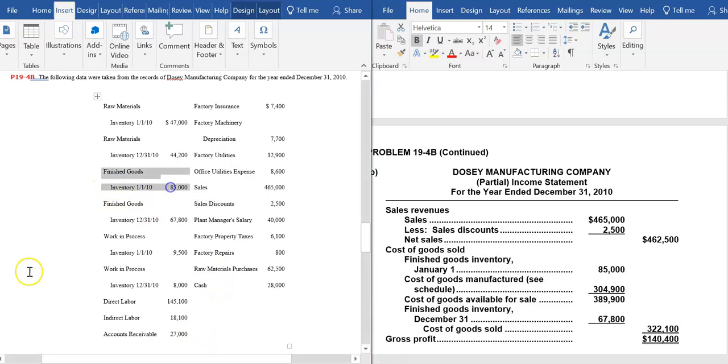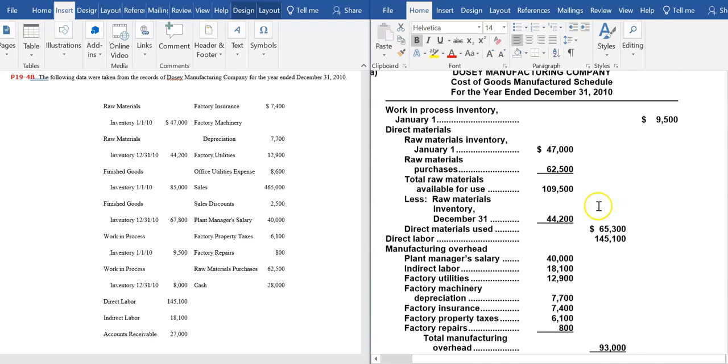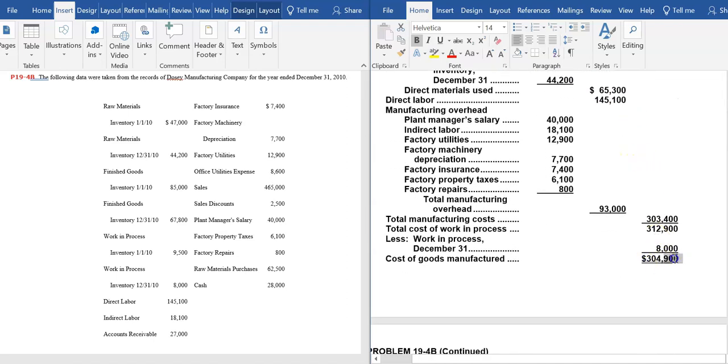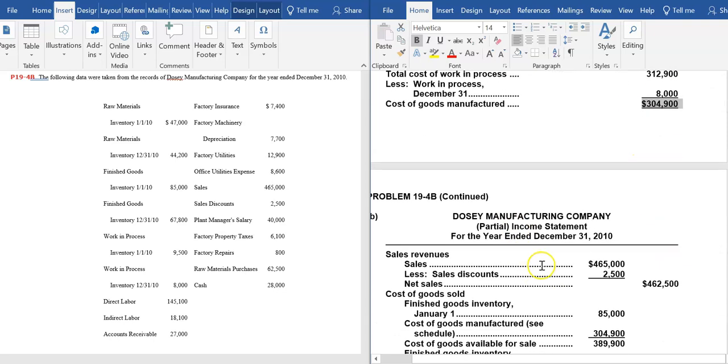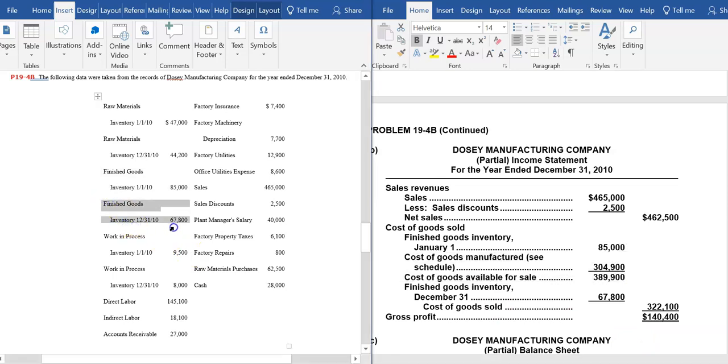Beginning finished goods inventory of $85,000 plus the cost of goods manufactured that I just calculated in my cost of goods manufactured schedule gives me total cost of goods available for sale. Subtract out my ending finished goods inventory balance.